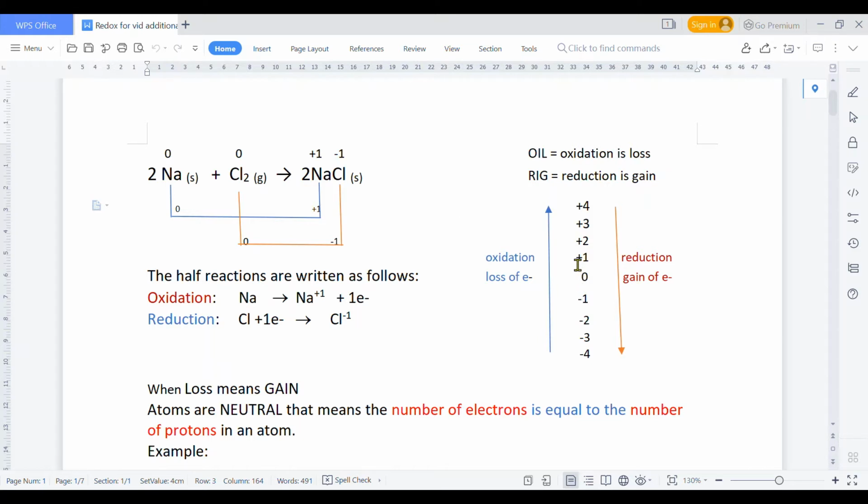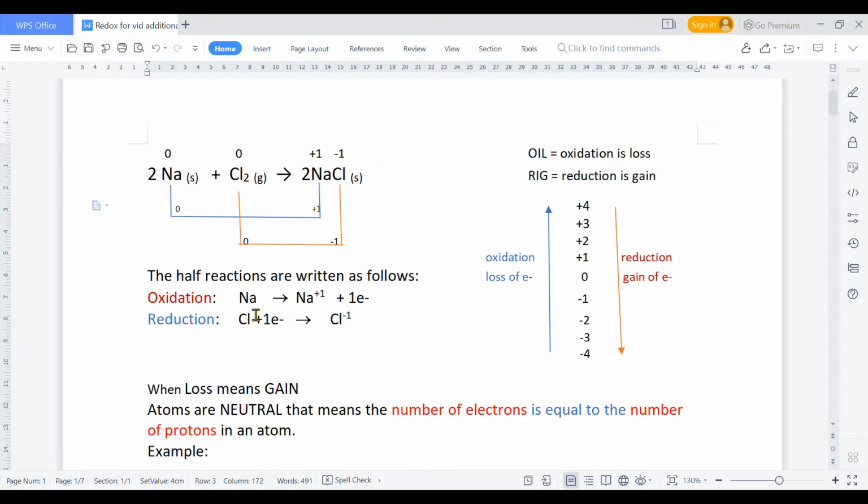For chlorine, that is from 0 to minus 1. The direction is going down. So it undergoes reduction and gains 1 electron.